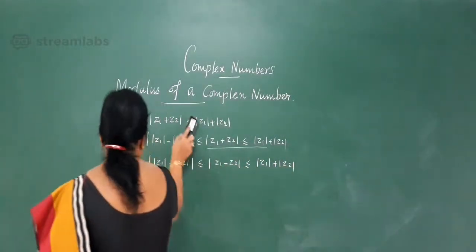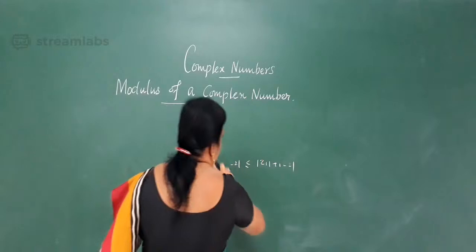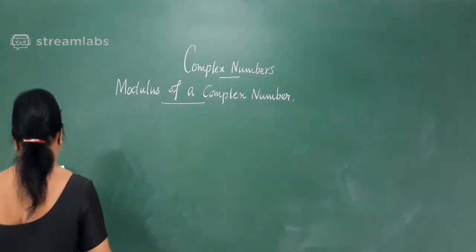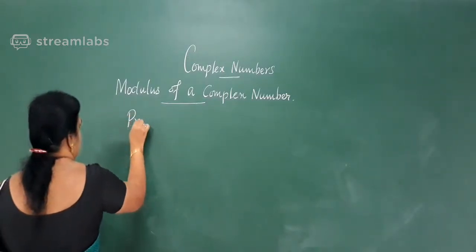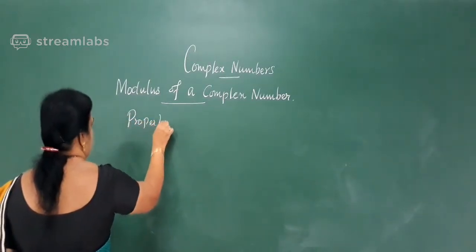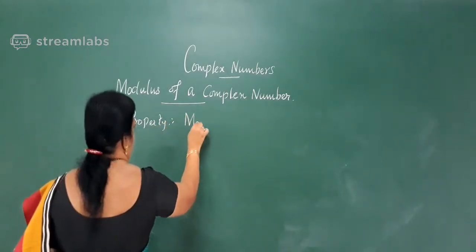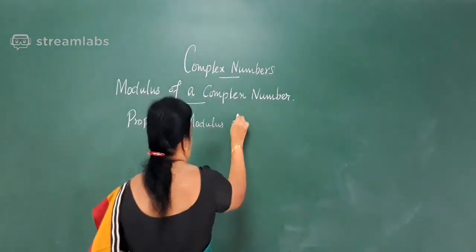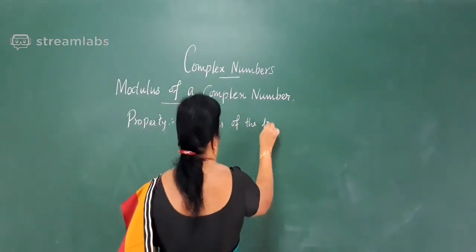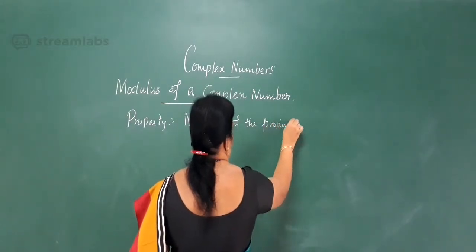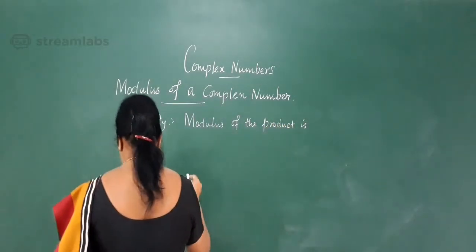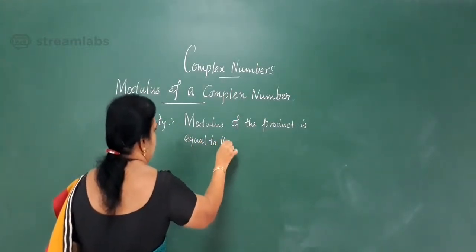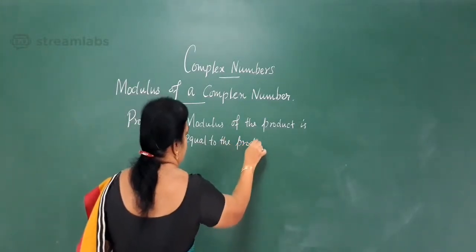Now, next property. Modulus of the product is equal to the product of mod.